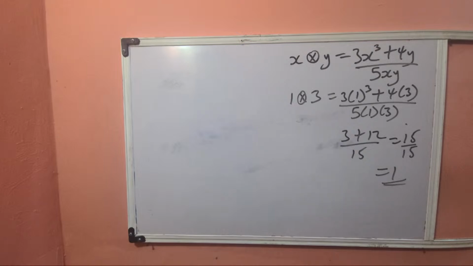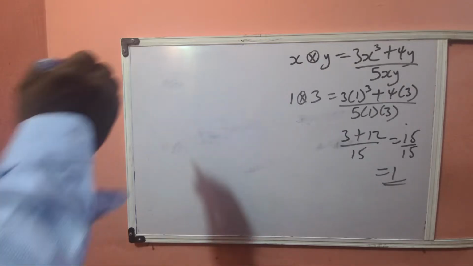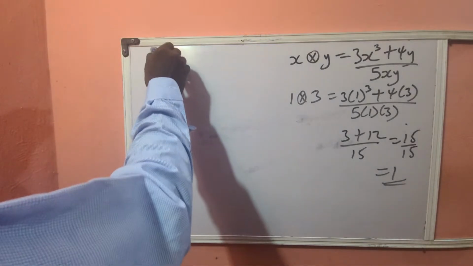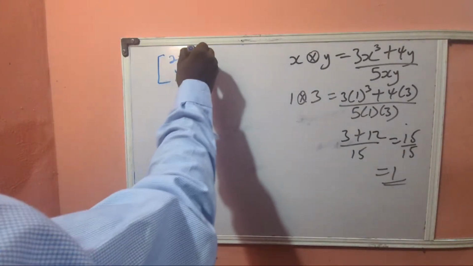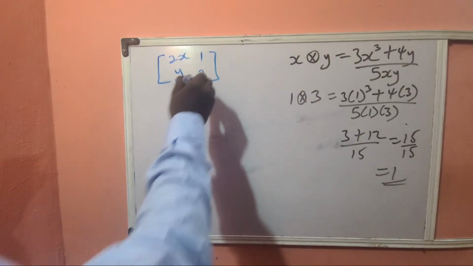So we are told to find the determinant of this particular matrix. We have 2x here, we have y here, we have 1 here, we have 2 here.